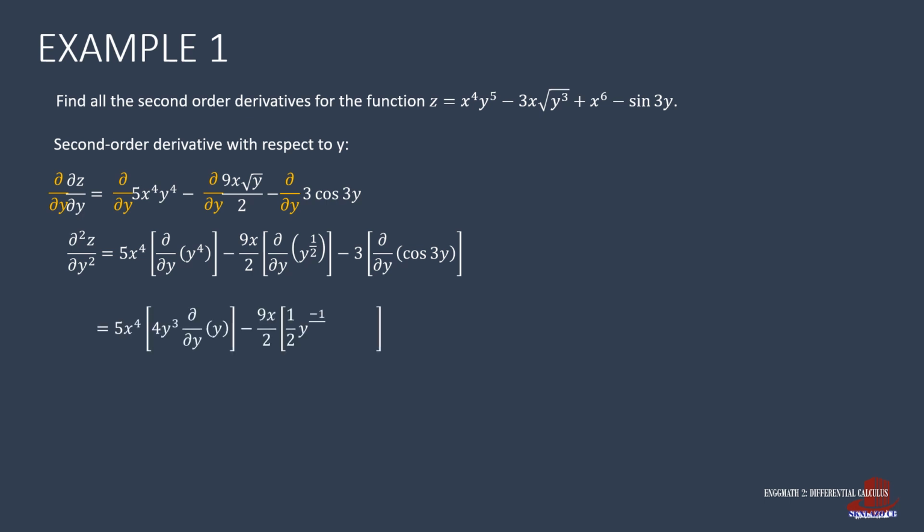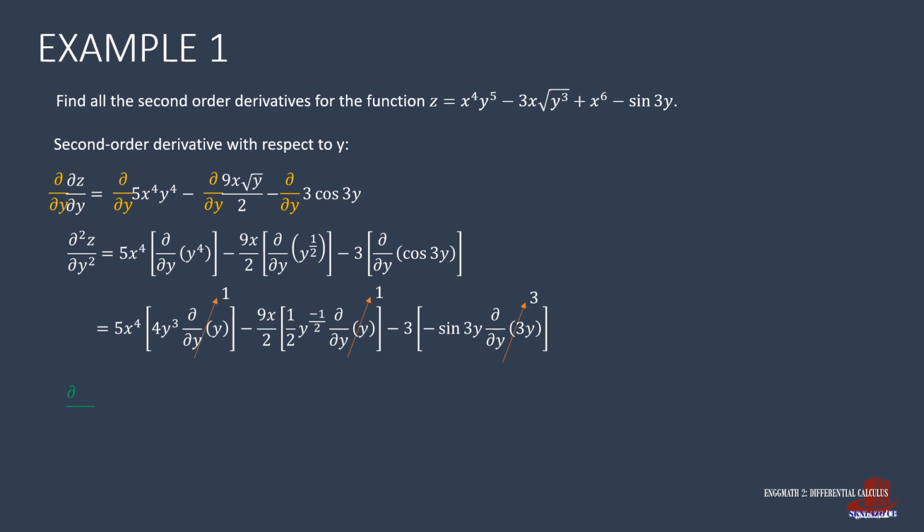After differentiating the first level, we arrive at 5x raised to 4 times 4y cubed multiplied by the derivative of y, minus 9x over 2 times 1 half of y raised to negative 1 half multiplied by the derivative of y, minus 3 times the negative sine of 3y with the derivative of 3y. dy over dy is 1 and d of 3y over dy is 3.